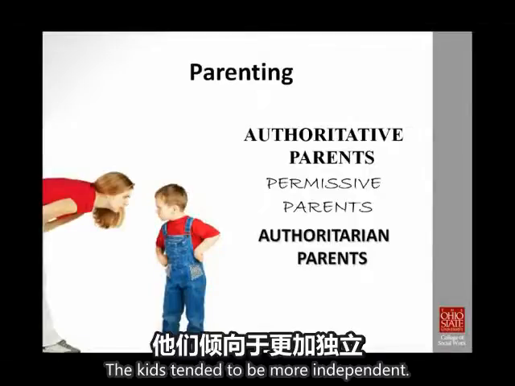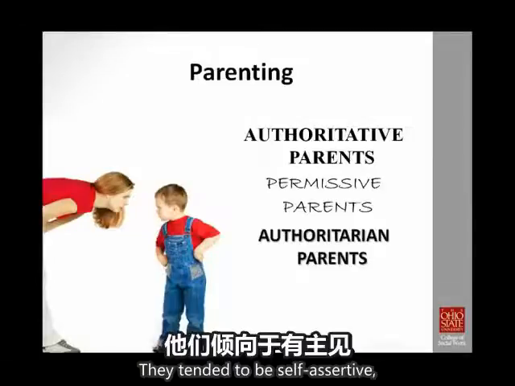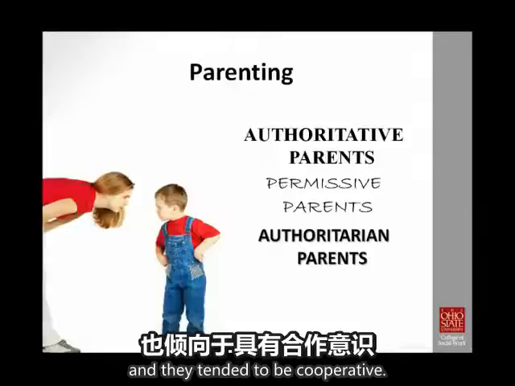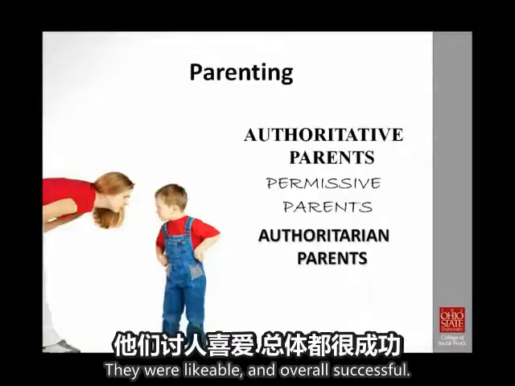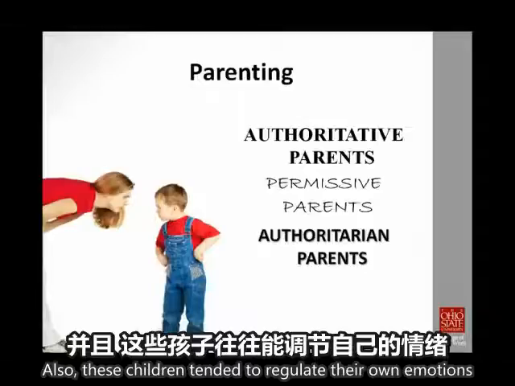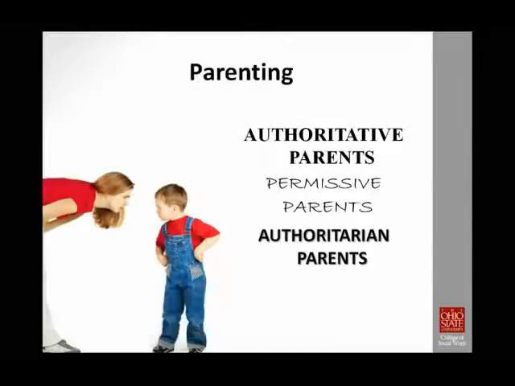The kids tended to be more independent, they tended to be friendlier with their peers, they tended to be self-assertive, and they tended to be cooperative. They also had a strong motivation to achieve, they were likable, and overall successful. Also, these children tended to regulate their own emotions and regulate their behavior and relationships with others.